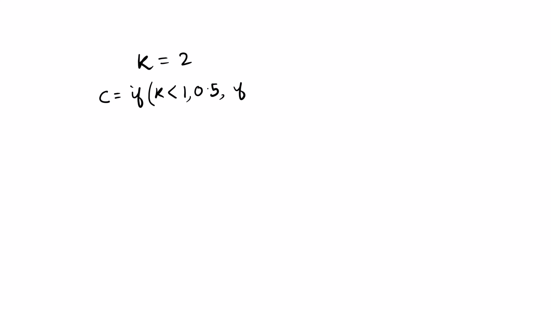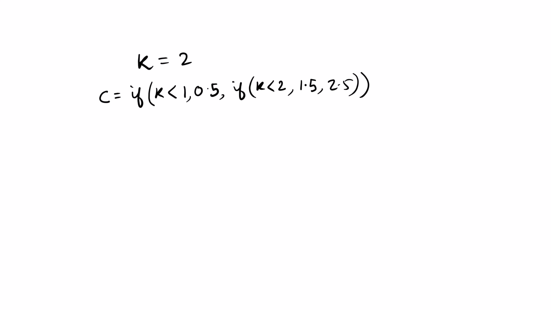again if k is less than 2, print 1.5, otherwise 2.5. Okay, and we'll close this and we'll close this bracket once again.